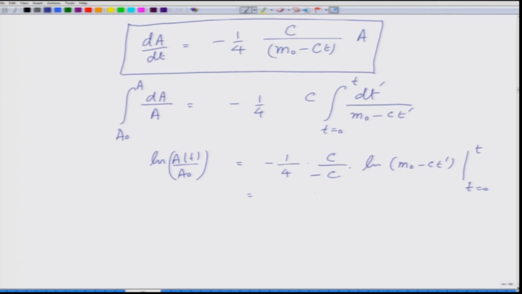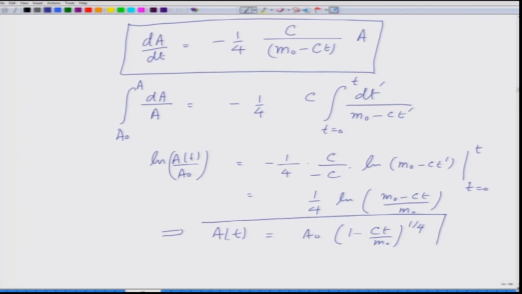So, this is 1/4 log of m0 minus c t divided by m0. This immediately gives me amplitude as a function of time equals A naught times 1 minus c t over m0 raised to 1/4. You can see as time progresses, the amplitude keeps going down.